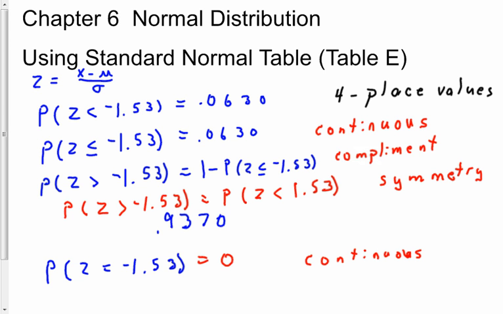So you will not have a question that says, what's the probability that z equals? If you're dealing with just a regular normal distribution, that's where this table is going to be applied.